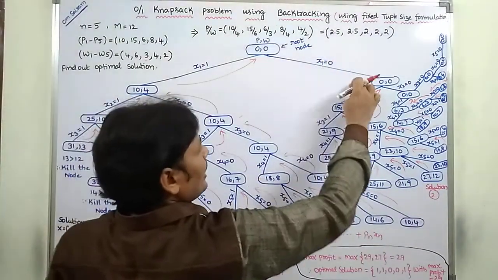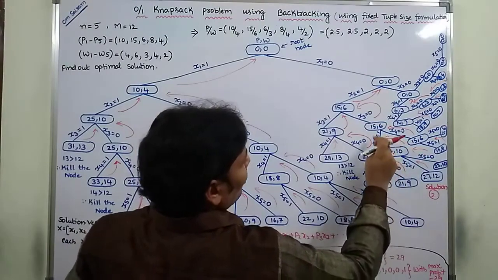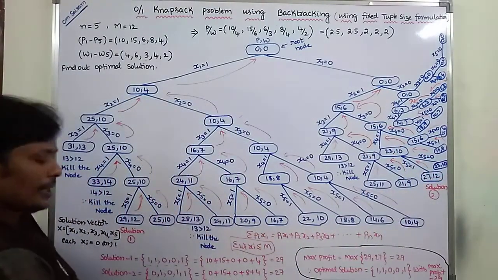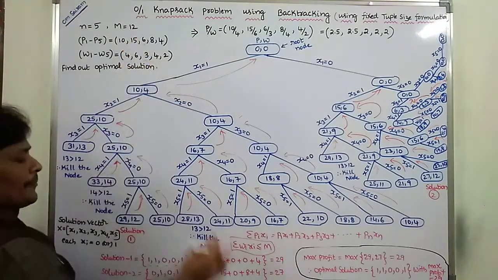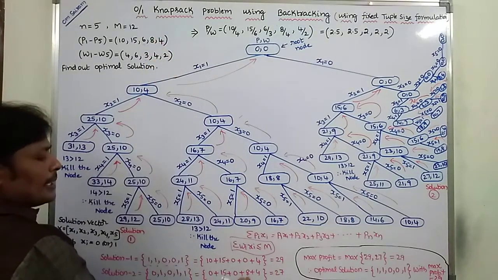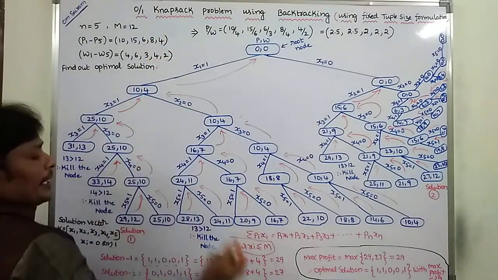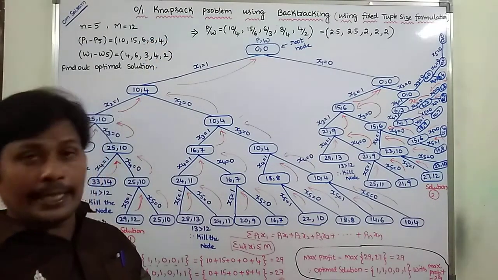So 0, 1, 0, 1, 1. Okay, this is we are getting. First object profit is not considered, 0. Second object profit, that is 15, we consider. Third object profit is not considered, 0. Fourth object profit is considered, that is 8. Fifth object profit is considered. So that 15 plus 8 plus 4, that is 27.